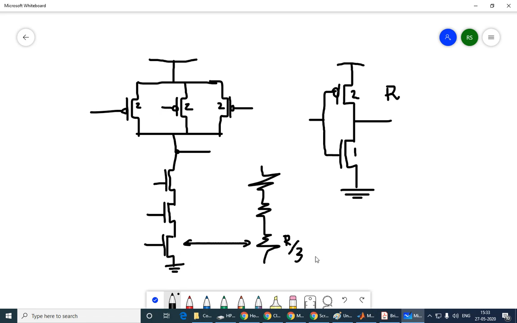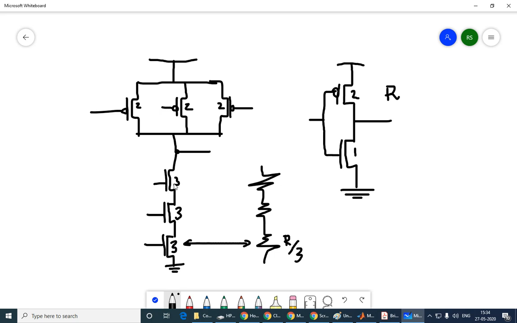And this is where that W by L R relation is important. If you want to reduce the resistance, you have to increase the W by L. You keep increasing the W by L, resistance keeps reducing, directly proportional. So which means that I just have to go with 3. Same here, here and here.